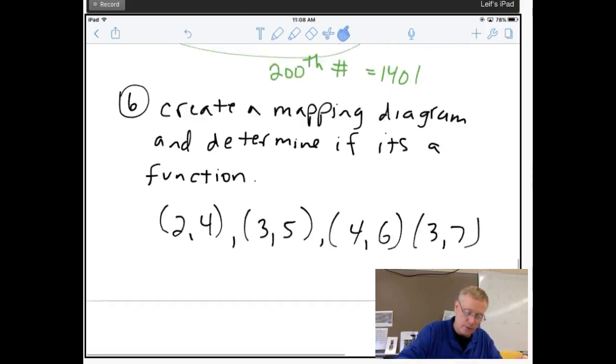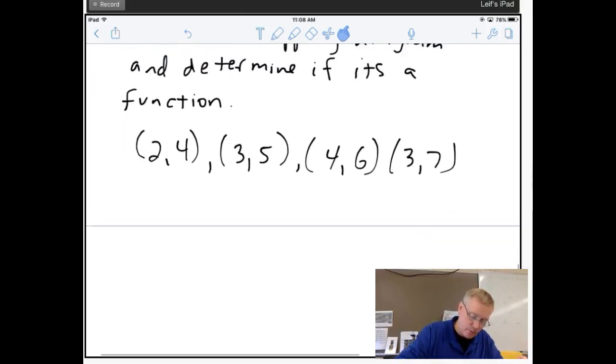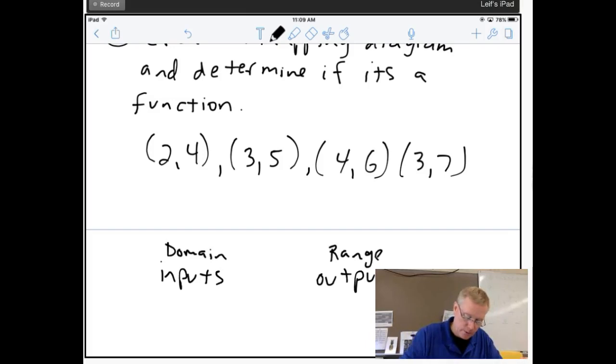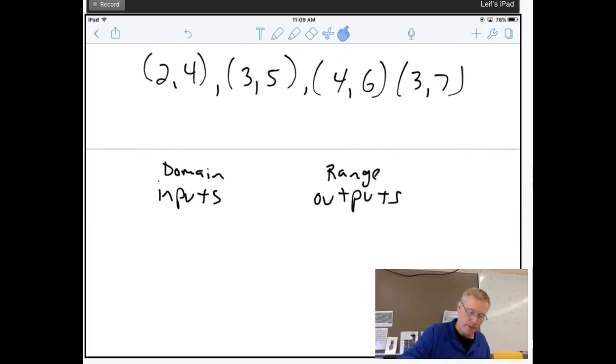Okay, so mapping diagram has inputs and outputs. Which we also call domain, and range, which we also call x's and y's. So I'm going to stick with those two, and the domain would be your x values, 2, 3, 4, and 3.